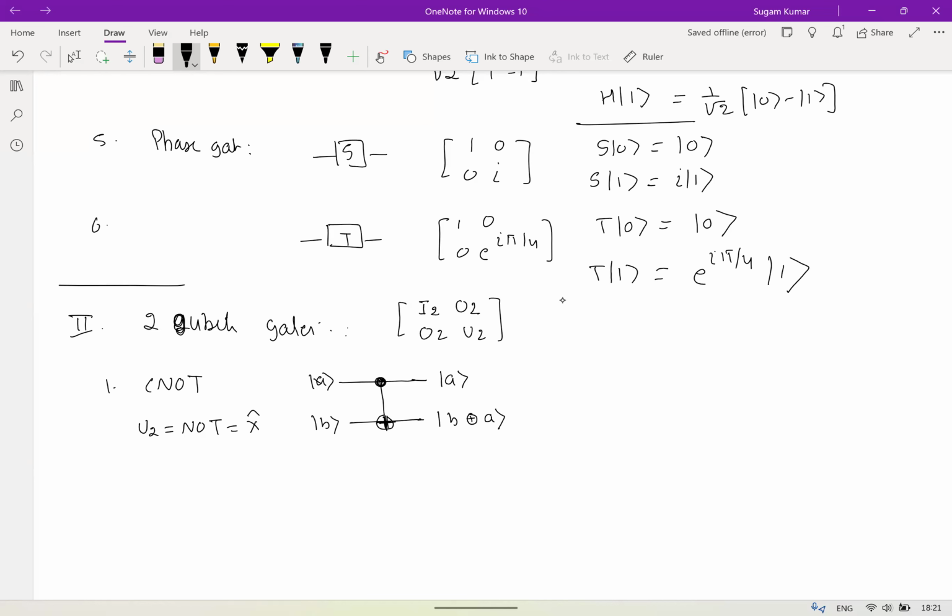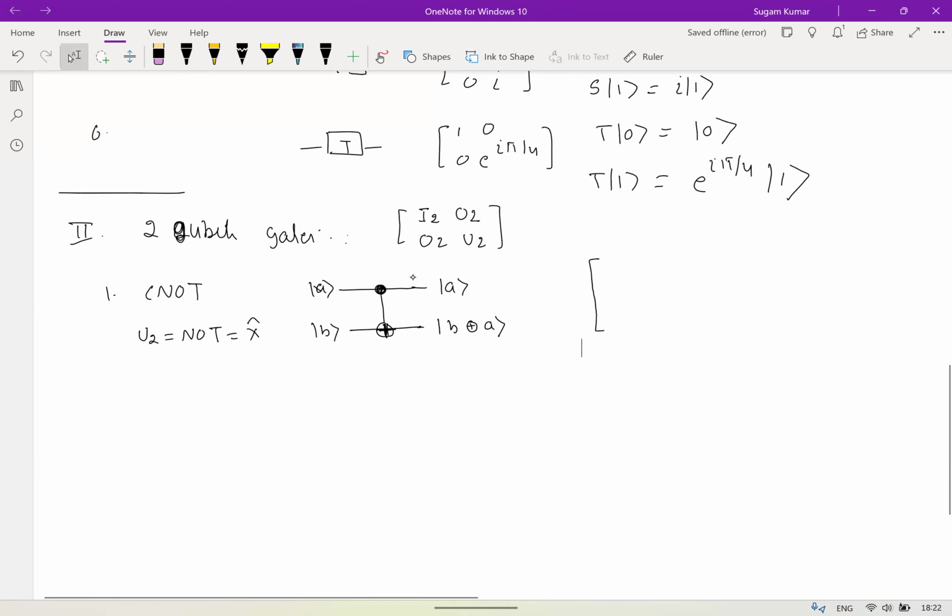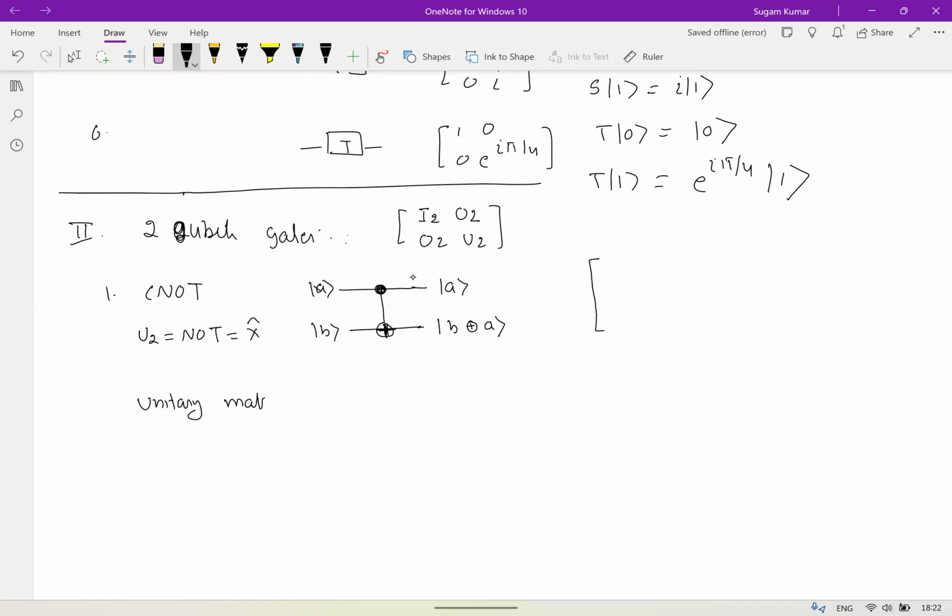And of course, now you have a task to write down this matrix. In fact, I can tell you a very simple way to remember it. Here, when you talk about a unitary matrix for two qubits, first of all, remember the basis vectors.